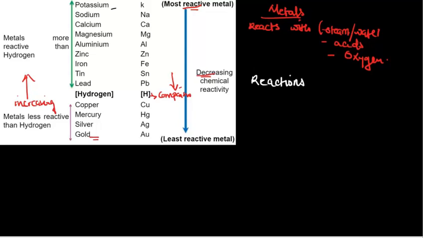So now let's start with reactions of metals with steam or water. What you should understand is that starting from potassium, sodium, calcium, magnesium, these four, okay, let me use red.